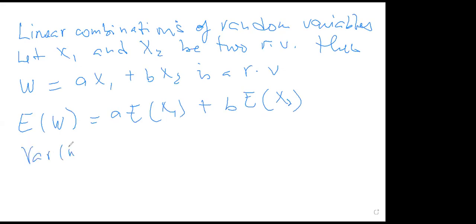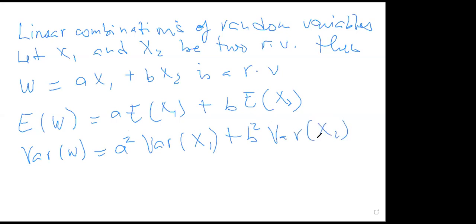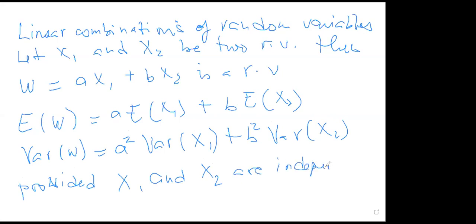And the variance of w here will be a squared variance of x1 plus b squared variance of x2, provided x1 and x2 are independent. This can only happen provided x1 and x2 are independent. In this class, we are only going to be dealing with independent random variables. When we have to combine two random variables, you will assume that they are independent.